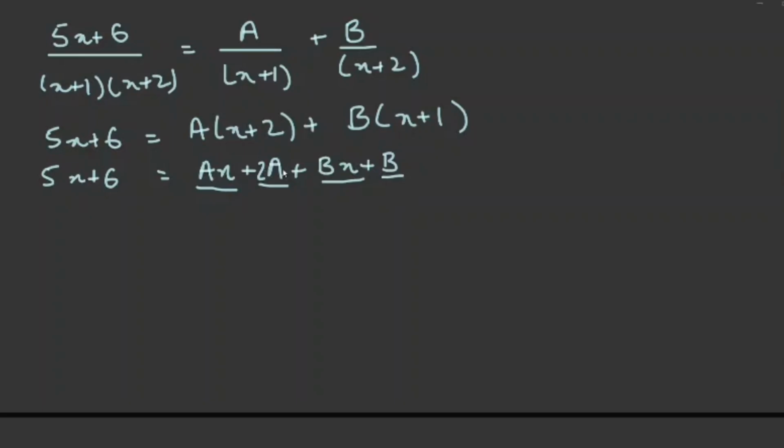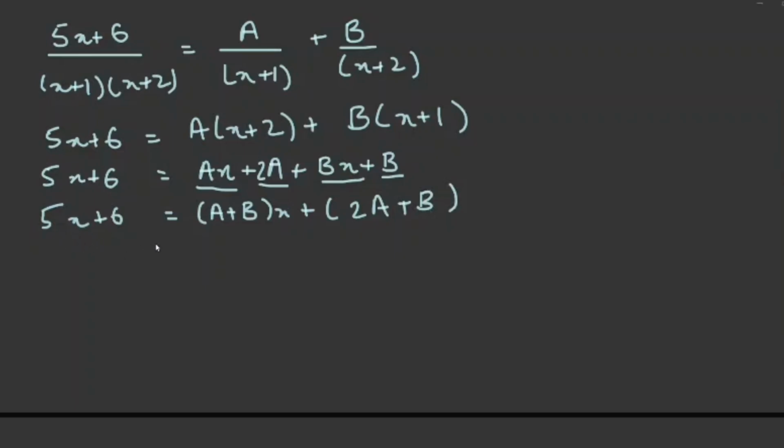When there is no x it means it has x power 0. So we will separate these out, write these separately. This one we take the x common, we rewrite this, and here we will take the values without the x.